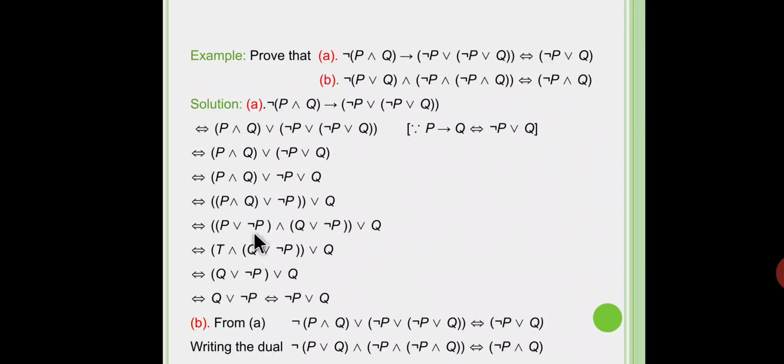P or negation P is equivalent to true, and then Q or negation P or Q.